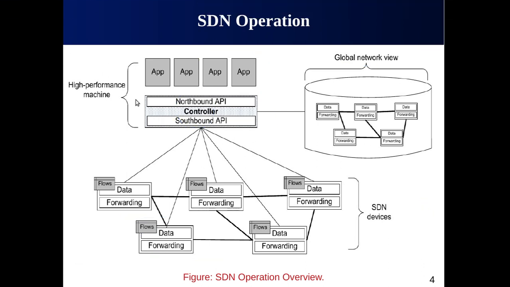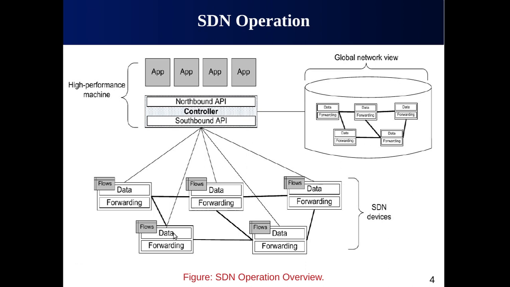We have three layers. At the bottom, we have the devices, and the SDN device has components like the forwarding functions and the data in the form of flows. A flow is a set of packets that is transferred from one endpoint to another endpoint.